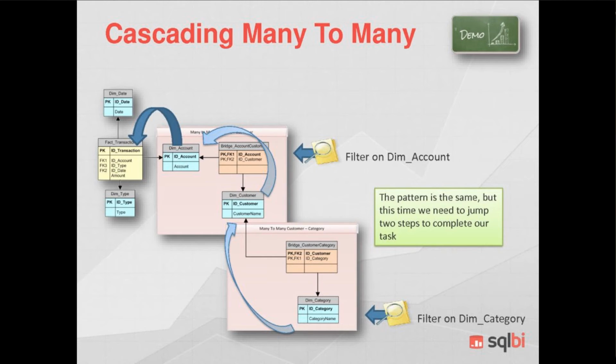At that point, we will have the account, and we will be able to compute our numbers. The pattern is the very same, and of course, account will filter transaction. The pattern is the same. There is no variation. There is nothing new to learn. You only need to jump 2 steps to complete all the tasks. And if you understood the first point, this is very, very easy.